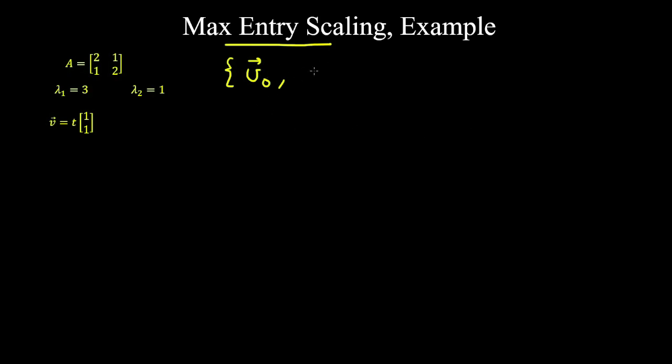So given our symmetric matrix A, the next vector in the sequence is equal to A by V0, and we scale this by the maximum entry in this vector AV0, as opposed to normalizing this vector.